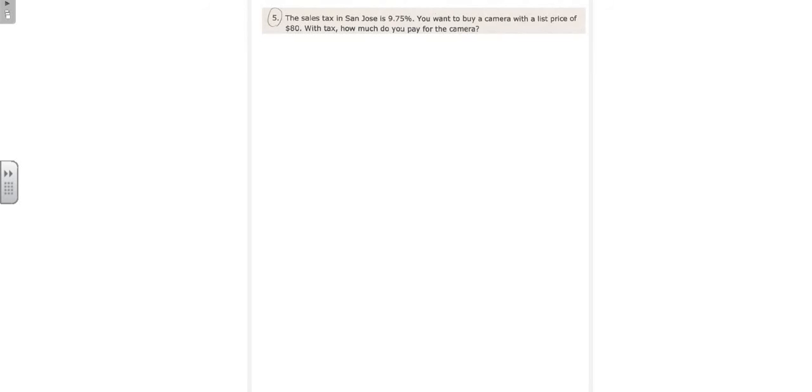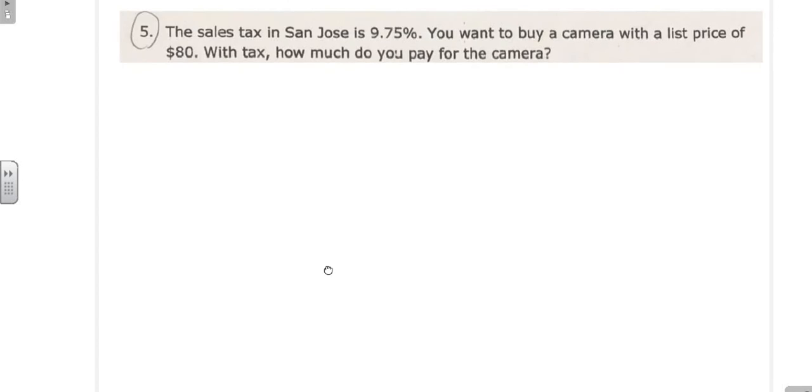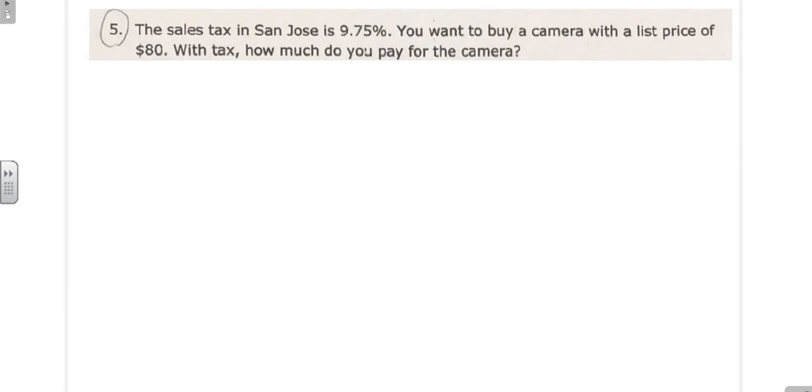Number 5, the sales tax in San Jose is 9.75%. You want to buy a camera with a list price of $80. What will you pay for the camera?